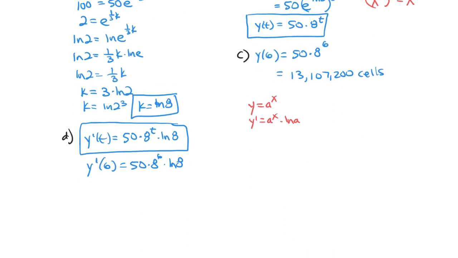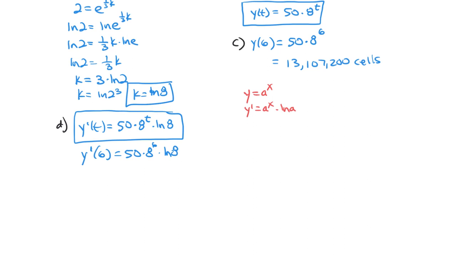If you punch this in the calculator, we are going to get 27,255,656 cells per hour, right? It's a growth rate, so the rate is going to be this many cells per hour. Okay, which actually sounds a little bit terrifying, but that's just a lot of cells per hour at that point.